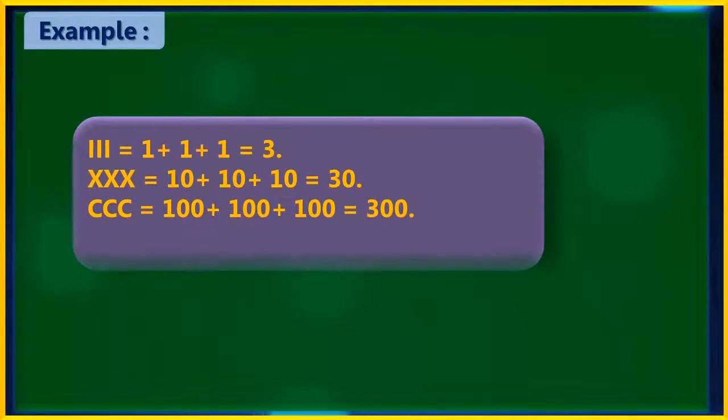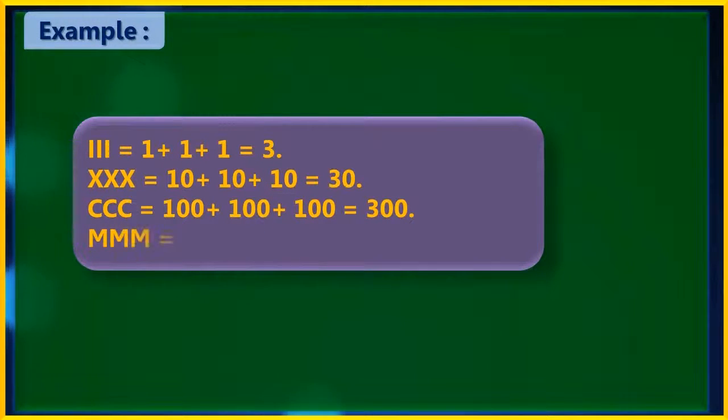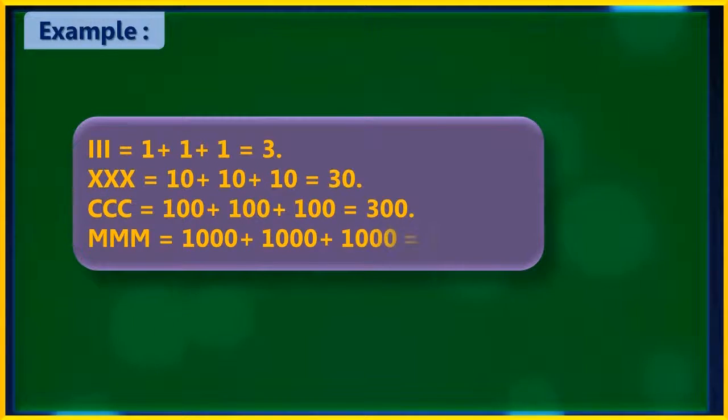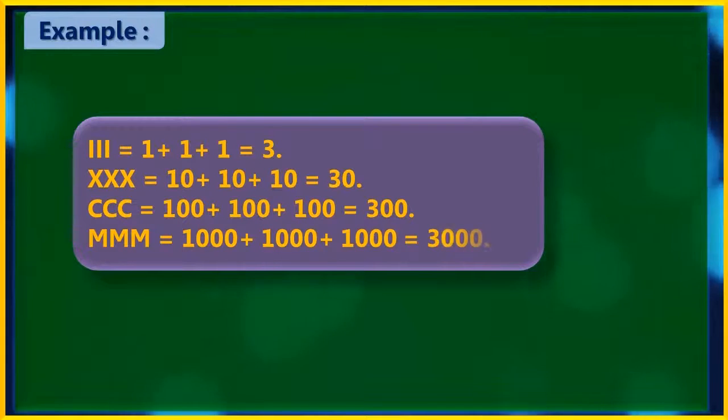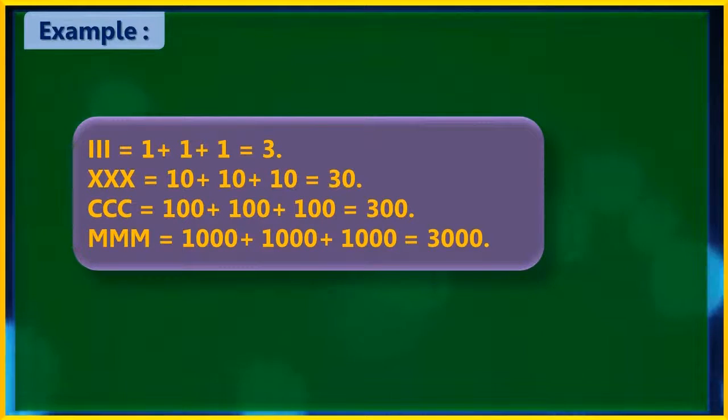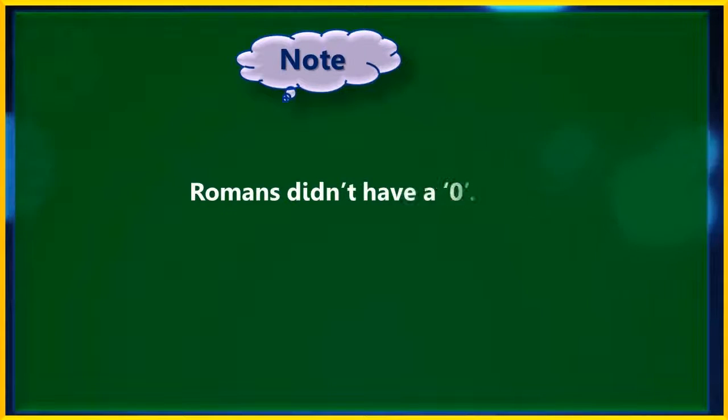Roman numeral MMM is equal to 1000 plus 1000 plus 1000, which is equal to 3000. An important point about the Roman numerals is that Romans didn't have a 0.